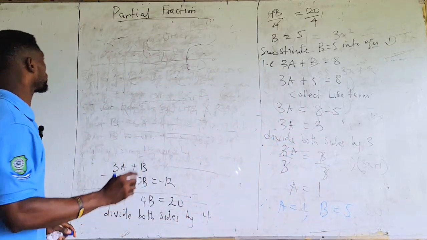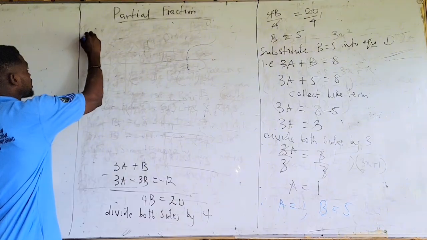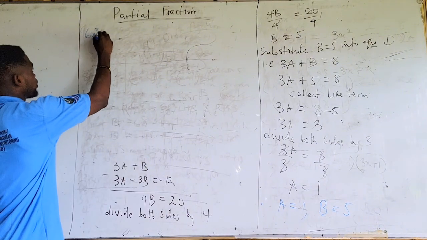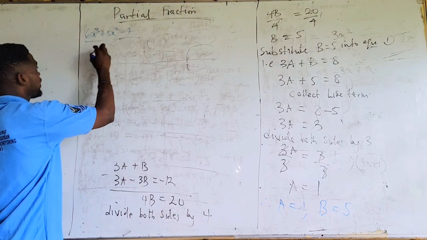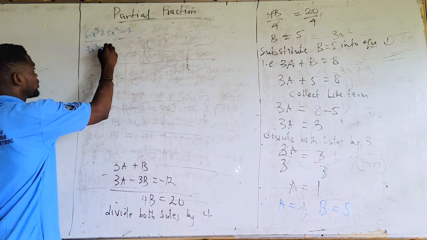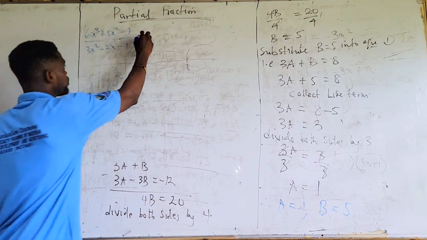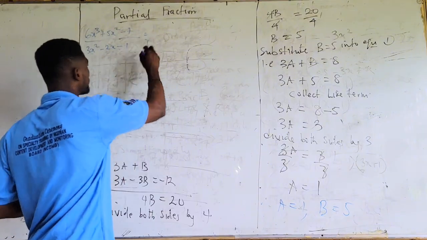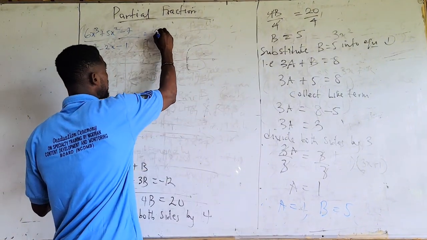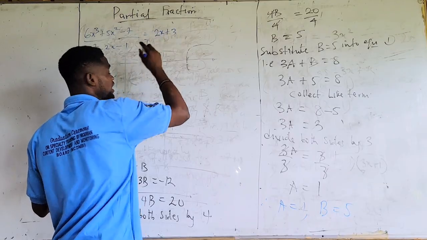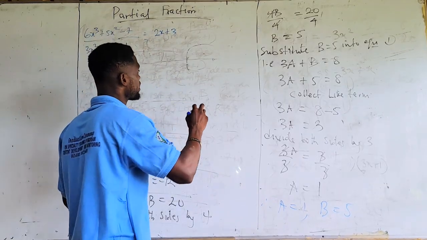Now recall from our equation that 6x cubed plus 5x square minus 7 all over 3x square minus 2x minus 1 will now be the quotient, which is 2x plus 3. That is our quotient.